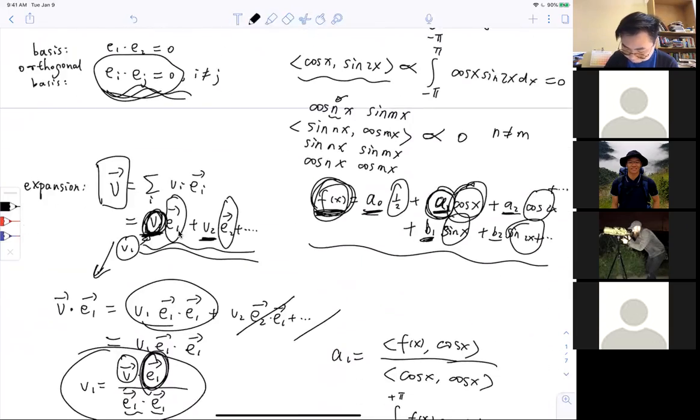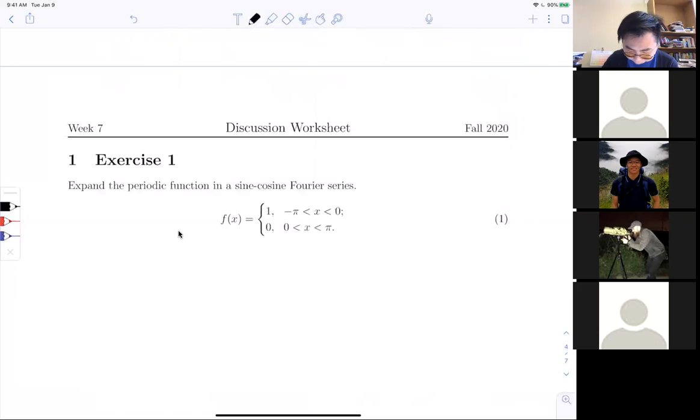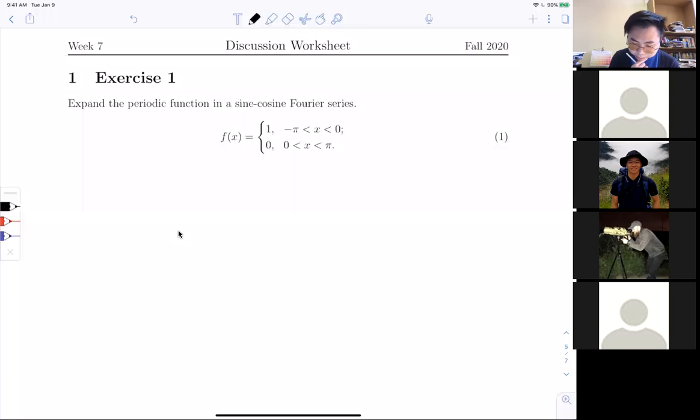Okay, so let's do some examples. This is a very simple one. You can take a look at the problem, then we can go through it together. Okay, so basically, of course, first you can draw this picture.